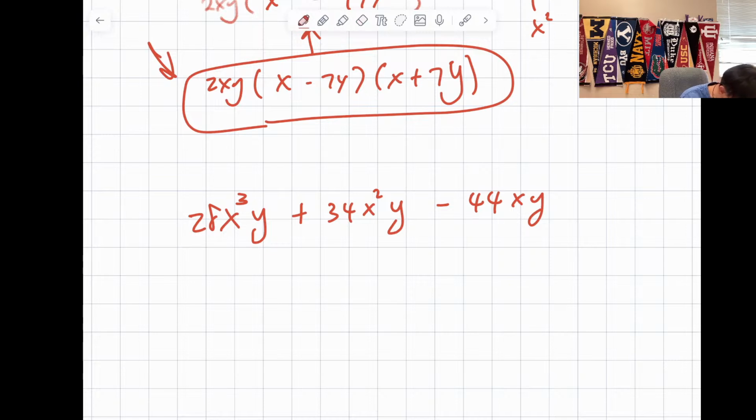So if I have something like this, this is another test question that you will have. This is a harder factoring question.